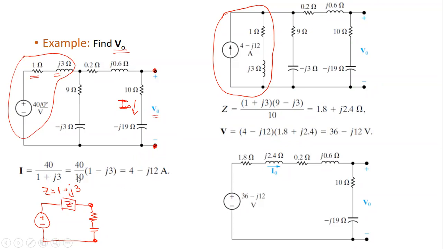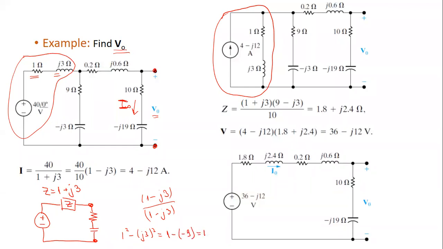In order to get rid of the complex number in the bottom, I believe you know that you can multiply by the conjugate. So you can multiply by 1 minus J3 divided by 1 minus J3. Then the bottom will be the difference between squares, so it will be 1 squared minus J3 squared. 1 squared is 1, 3 squared is 9, J squared is negative 1, so it will be negative 9.